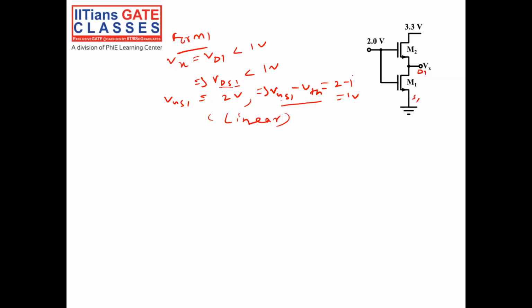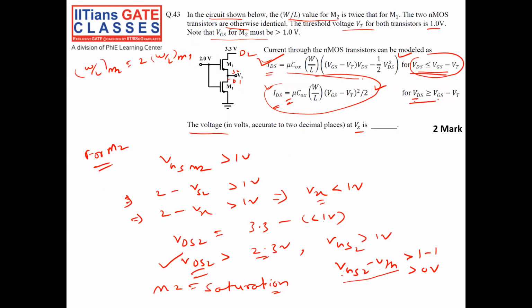Right? And we know whatever current flows through transistor M1, since they are in series, the same current flows through transistor M2. Okay, we know IM1 is equal to IM2, right? What is IM1? IM1 is linear. VDS1 less than VGS minus VTH, so it should be like this one.